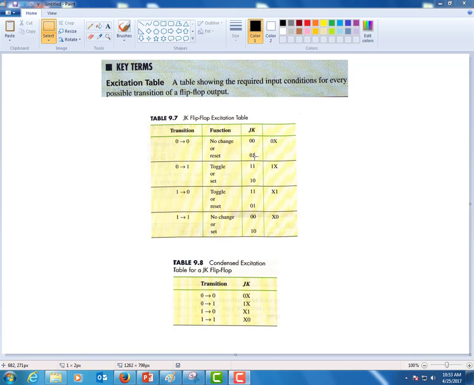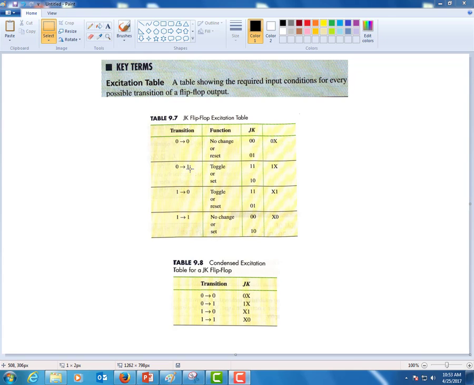J would have been 0, K would have been 1. Then it would have been clocked, and then your output would be a 0. So in other words, if you look at these examples, K can be a 0 or K can be a 1. It really doesn't matter, because with this kind of transition taking place, you just need to make sure that J is 0.